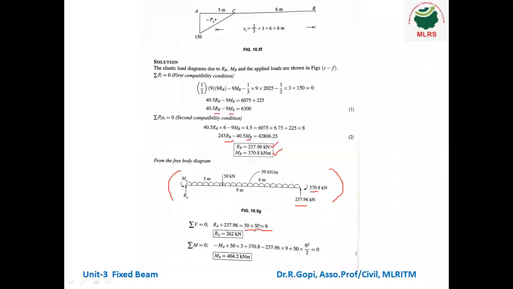So from this RA plus RB is equal to total load. So RA is equal to, from this we calculated, it is 262 kilonewton. Okay, students, is it clear?